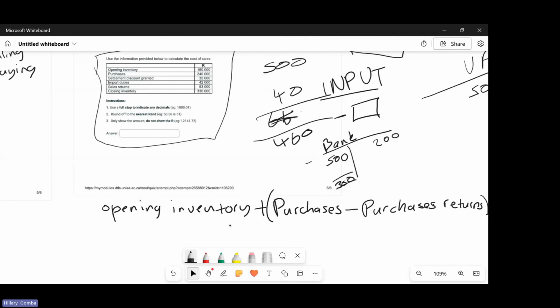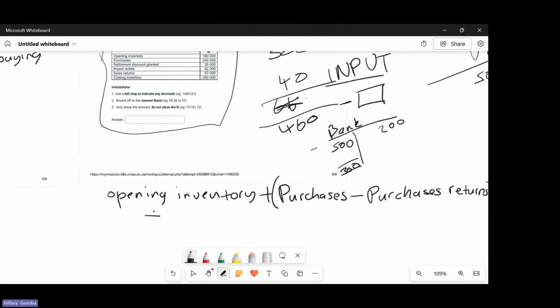And then after, you say plus your import duties, also plus freight charges.